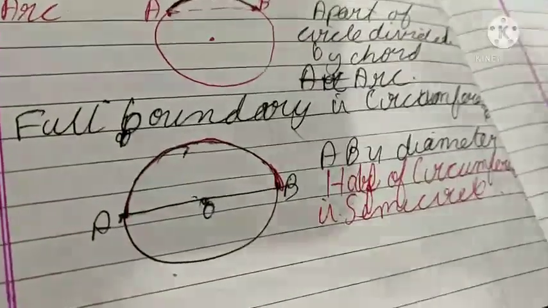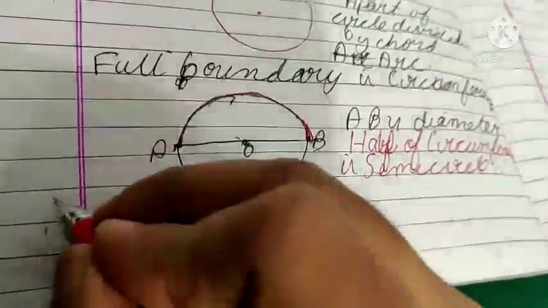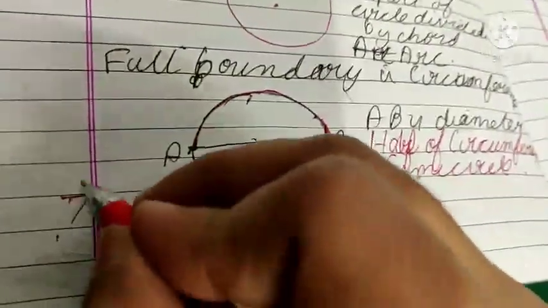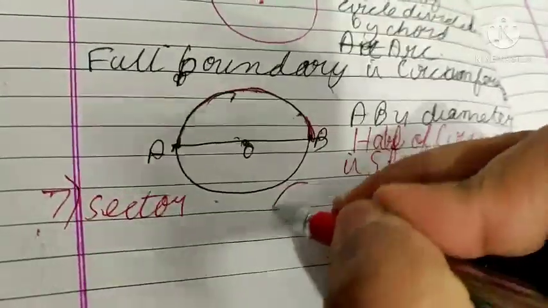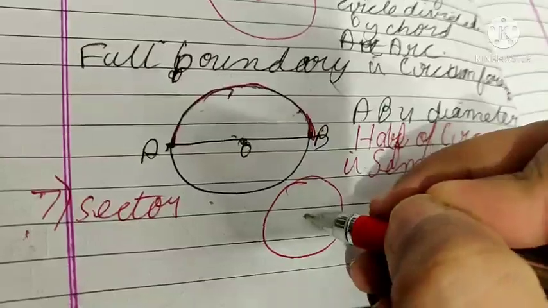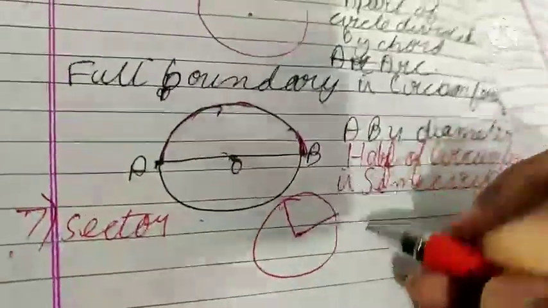And then we talk of sector. What is a sector? This is a circle and this portion means an angle formed.